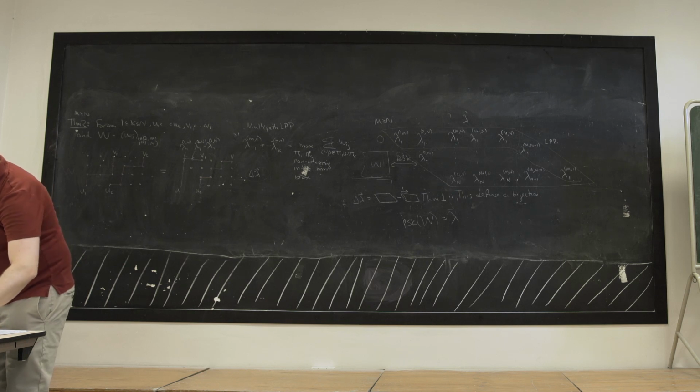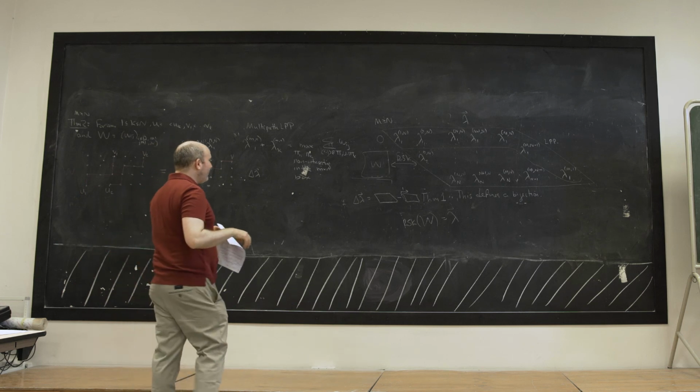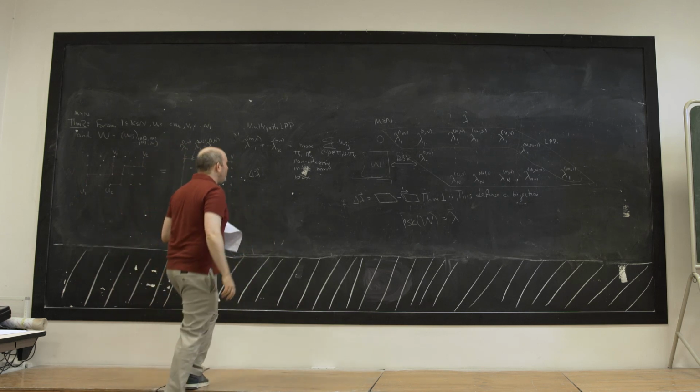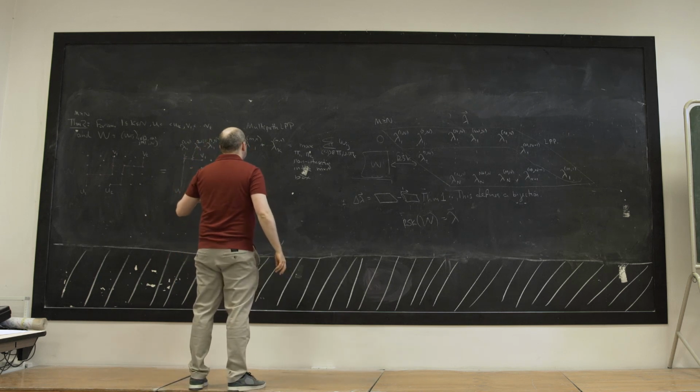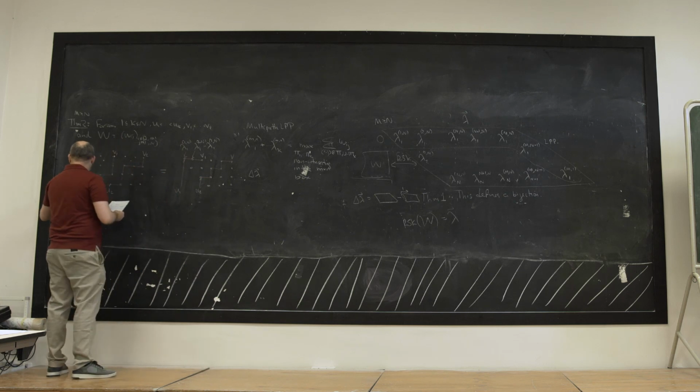So with that in mind, let me write the final theorem, and then I'll start proving things backwards. So I'll prove the final theorem, and then theorem 2, and then theorem 1, which maybe I'll write here. So theorem 3 is exactly what I just said.